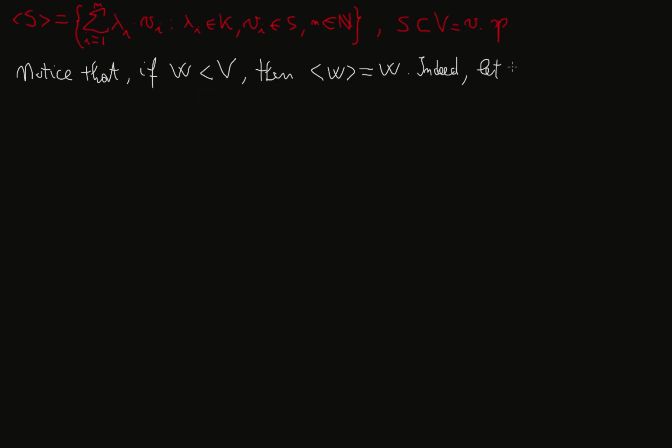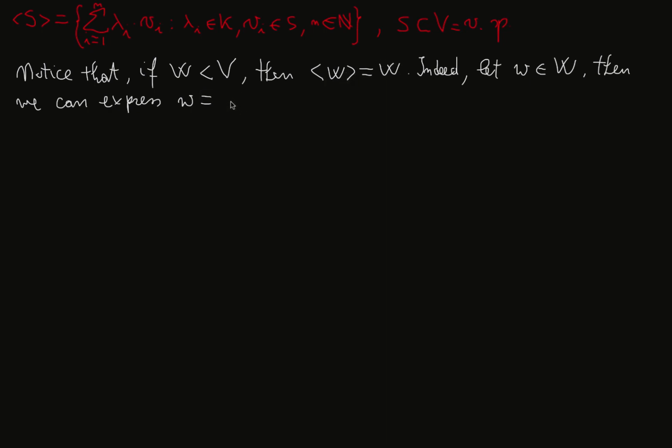So indeed, let a small w be an element of W, then we can express w as a linear combination of which vectors inside W?